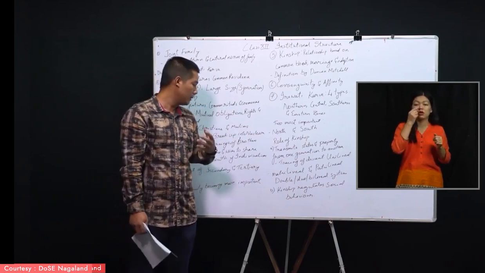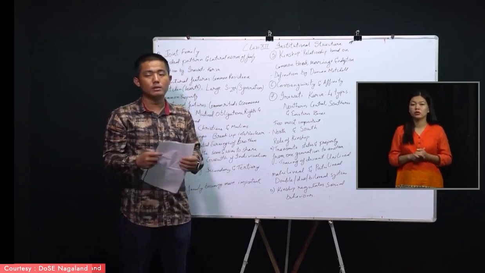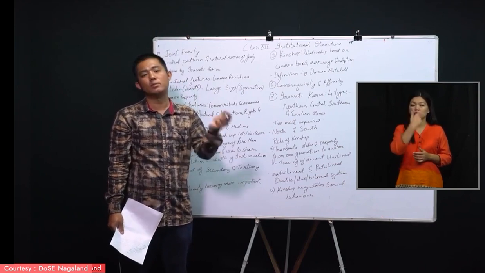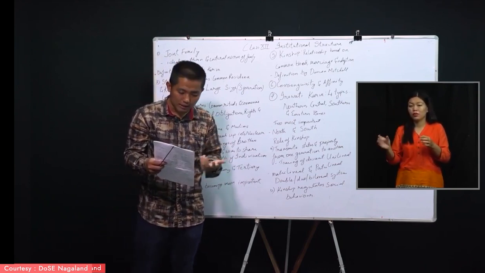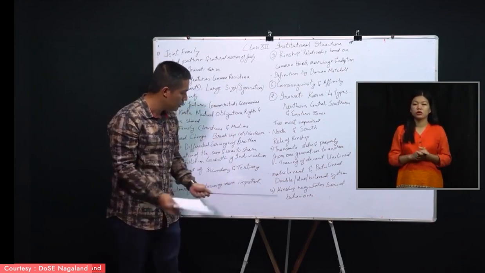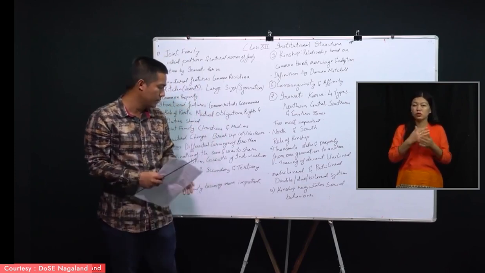It means that a person can trace its descent both from the father's side as well as from the mother's side. Whenever the situation arises and the need arises, for certain purposes, they do that. That is the double or bilineal system.